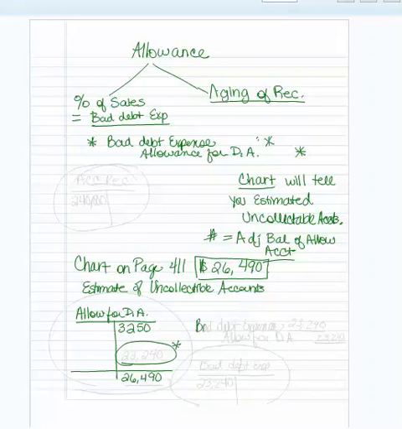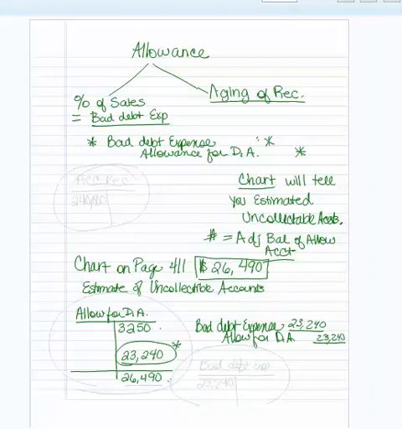We're going to debit bad debt expense and credit allowance for doubtful accounts. But you have to figure out, using this method, aging of accounts receivable, what your adjusting entry is. So you're going to take the difference between the adjusted balance and the unadjusted balance, and we figured that out already. It's going to need a credit of what? $23,240 will be your adjusting entry.